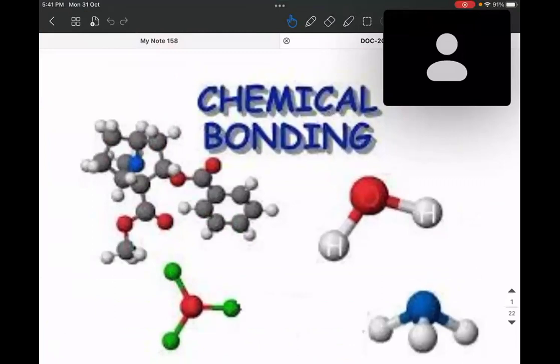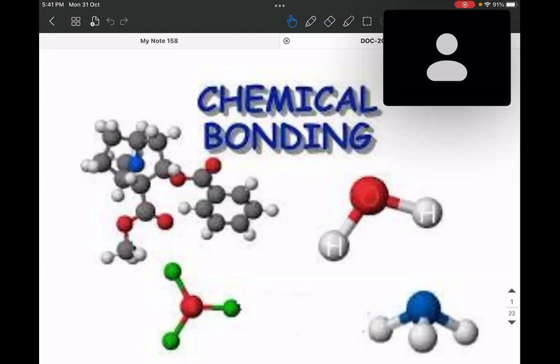Shape of molecules. If you are provided simple molecules, you have to find out what the shape is and what the angle is. If a molecule has sp3 hybridization, we know that sp3 hybridized molecules are tetrahedral in shape, whereas some molecules like water and ammonia are sp3 hybridized, but the shape is not tetrahedral, and the bond angle also varies.